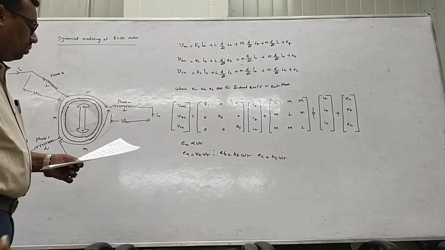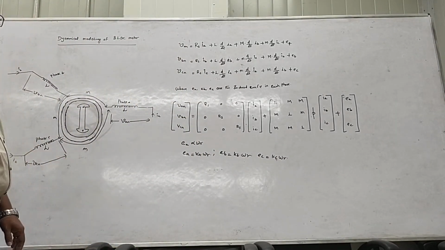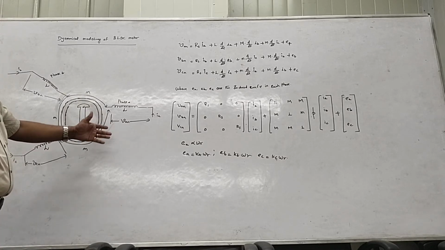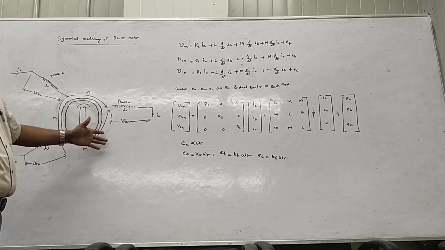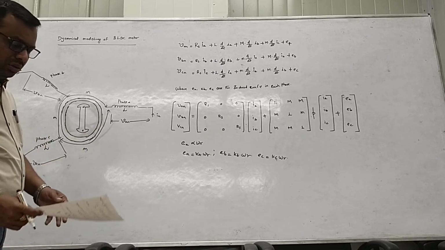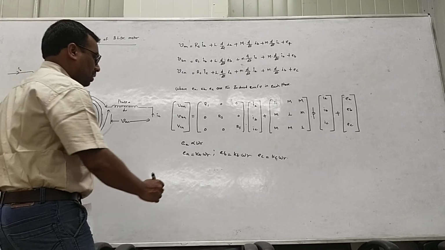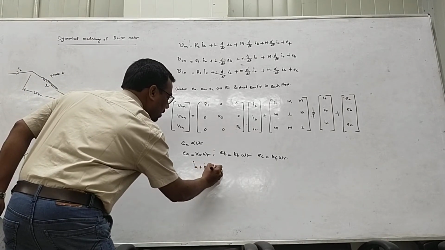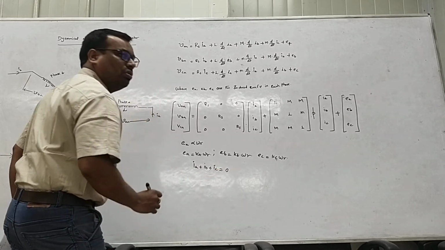As you observed here, the stator of the brushless DC motor is connected in a star connection fashion. So for a star connected motor, you know the currents IA plus IB plus IC is equal to 0.